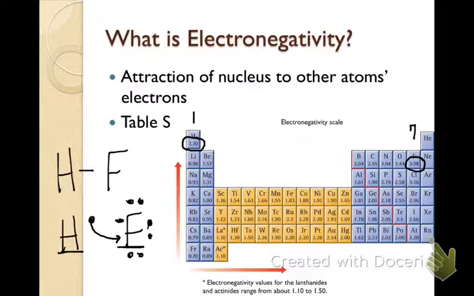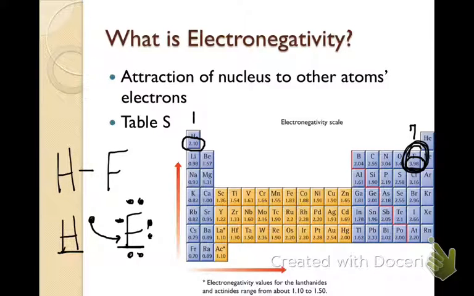In fact, it's going to take more of hydrogen's electrons, either in a bond if they're sharing or transferring electrons. But more of those electrons will hang around fluorine because it has an electronegativity value of 3.98. Now, according to New York State, on table S, this value is actually 4.0, and that's fine. It's around the same number, as long as you know that fluorine has the highest electronegativity.